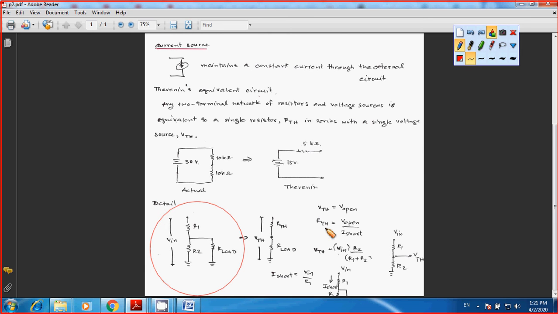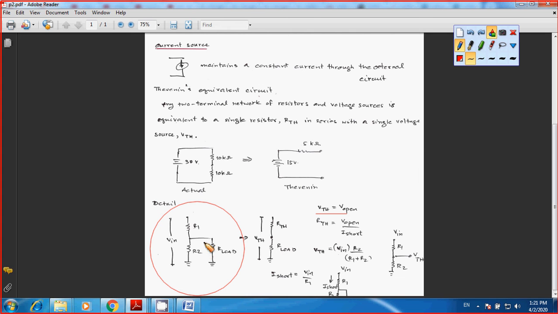Let's explain what V open means. For V open, you have no load attached to the supply voltage circuit, so your R load is going to be infinity.